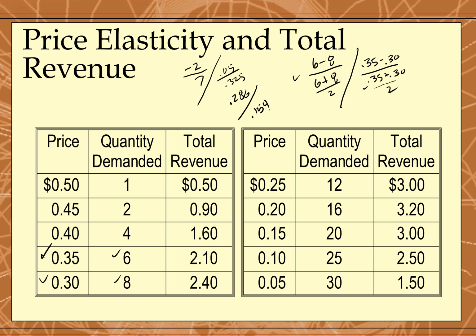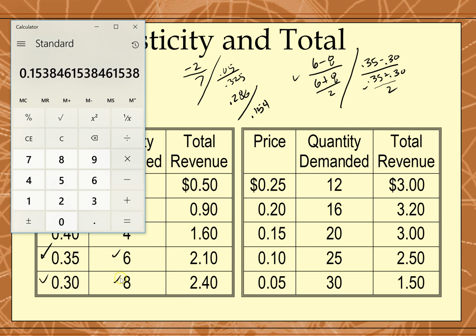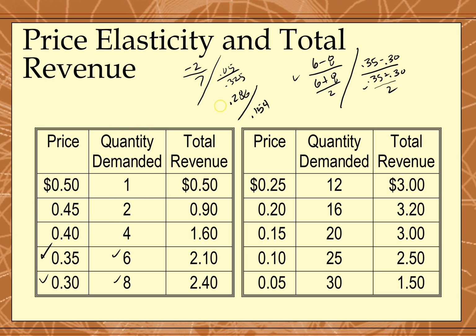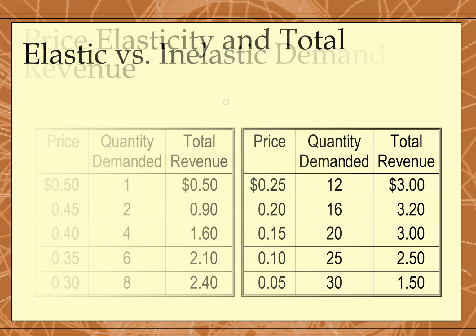0.154. So let's divide it. So it's going to be 0.286 divided by 0.154, and that's going to equal roughly, and by the way, this was a minus, right?